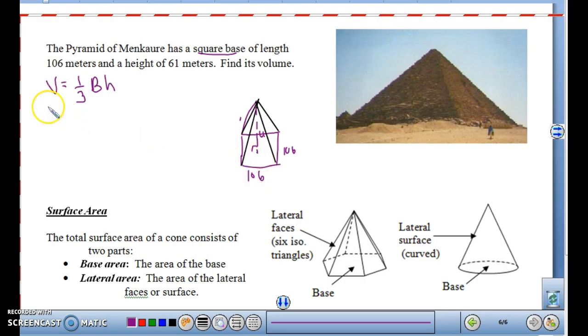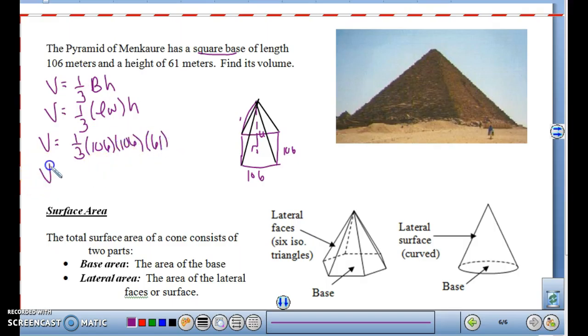What kind of base do we have? We have a square. So square is length times width, or side squared, because it's the same. And then the height is out here. So it's 1/3 times 106 times 106, and then the height is 61.